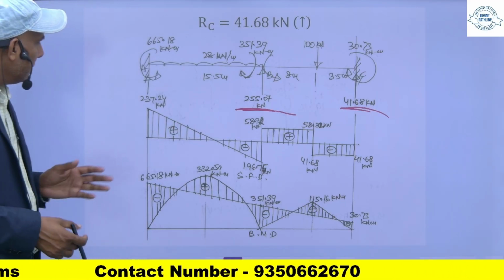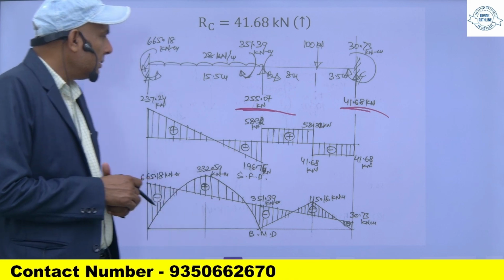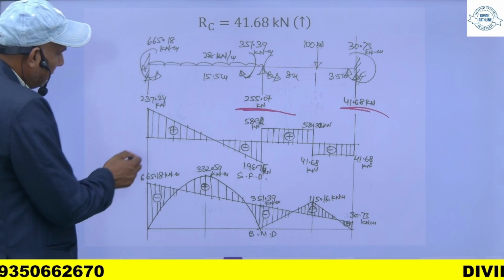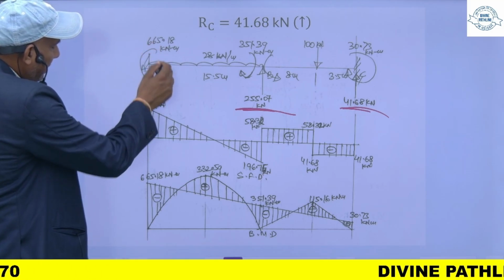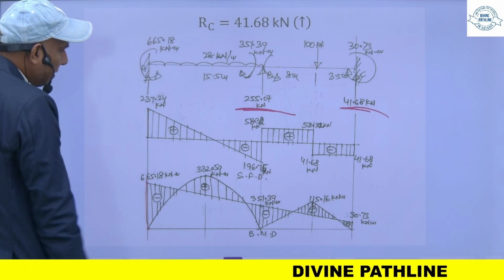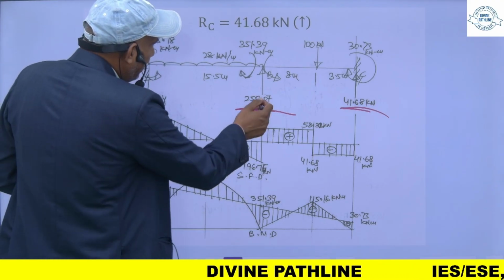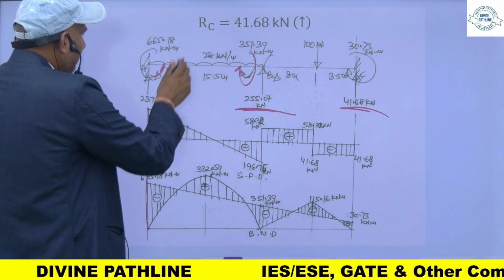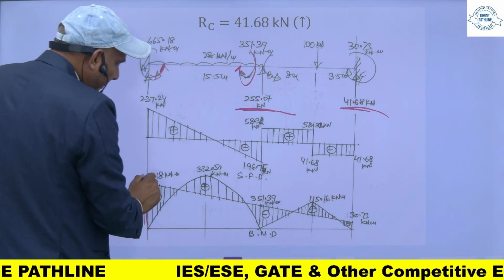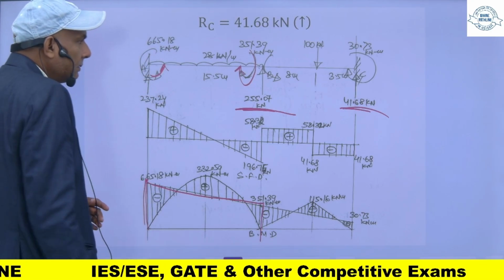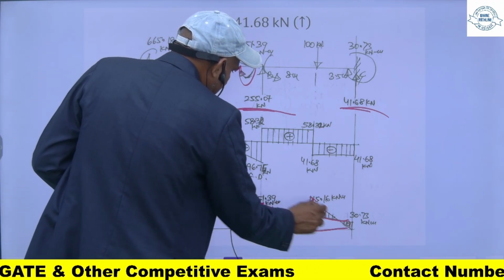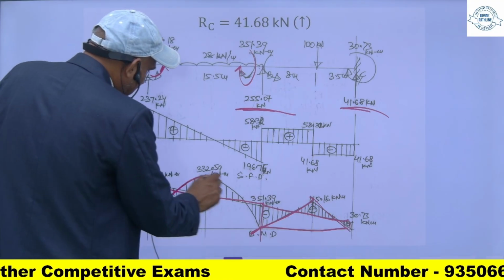Now all the reactions you have calculated, so we can draw the bending moment. So bending moment will be, this is 665.18. So this is like this, and this one is 350.39. So always it will be on the tension side, and you superimpose this one and you superimpose this one.